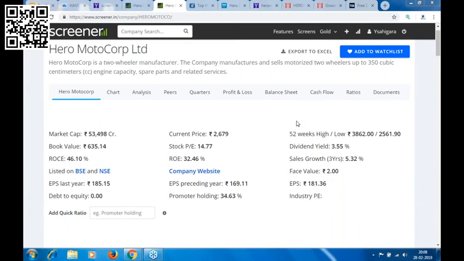See, money management. One thing I can tell you is that if you are finding a fundamentally strong company and want to invest in it, then initially don't invest more than 10% of your capital into any company. Say if you have 1 lakh as capital, then don't invest more than 10,000 in any company initially, because you never know if there is some bad news or a correction in the company.